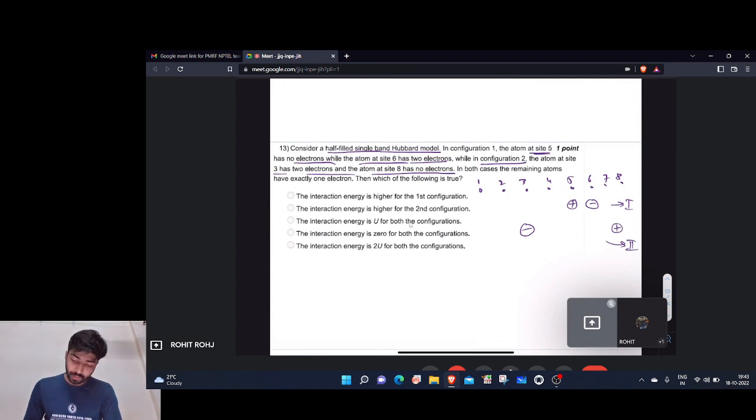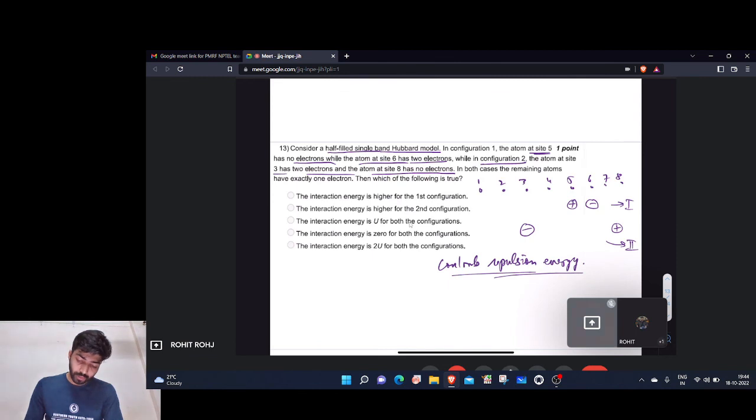As we know, the Coulomb interaction energy or Coulomb repulsion energy is independent of the distance between the two sites that we are considering, as we have seen in our earlier question as well. Because the Hubbard model is a single-site model, the Coulomb interaction is independent of the distance between the two entities.